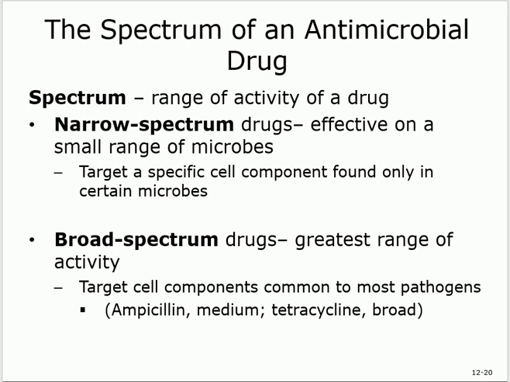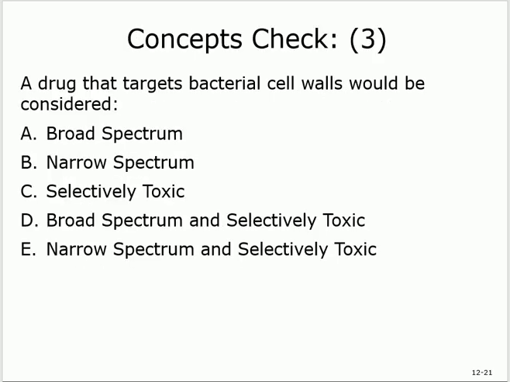Drugs working on cell components like the cell wall are more broad spectrum. Ampicillin, for example, is medium, tetracycline is broad. But broad spectrum usually works on the cell wall. Those that target the cell wall are, generally speaking, broad spectrum, and it is selectively toxic.